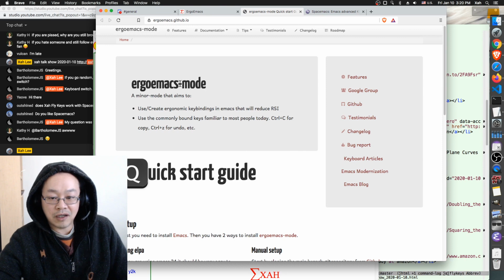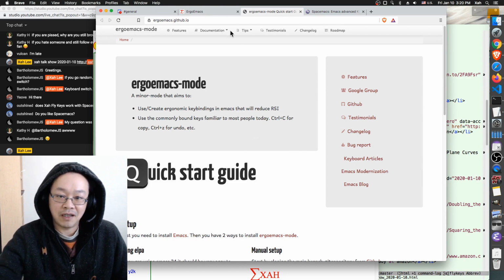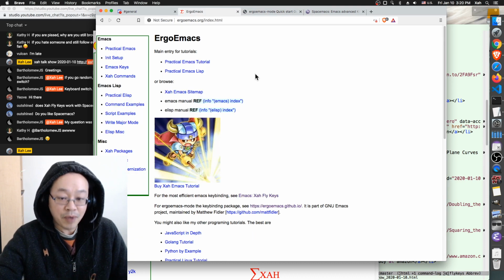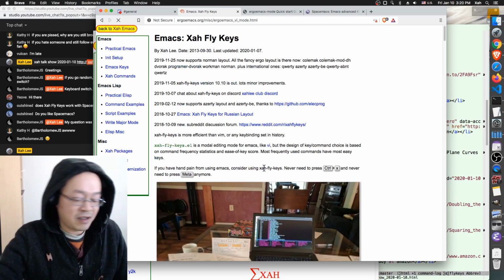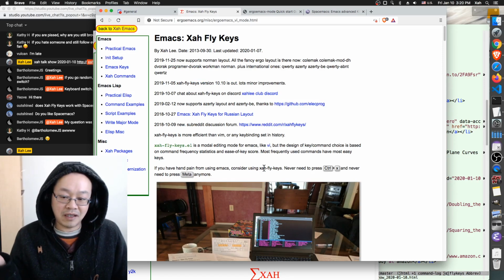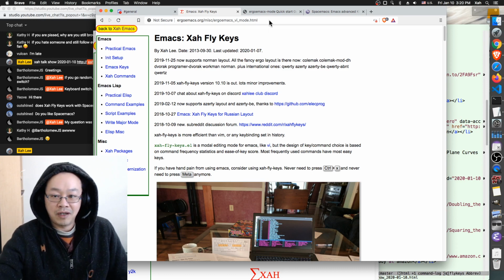The change of hand happened because I started to work on xah-fly-keys, which is modal. And it's not like one day I decided I don't want ergoemacs mod anymore.